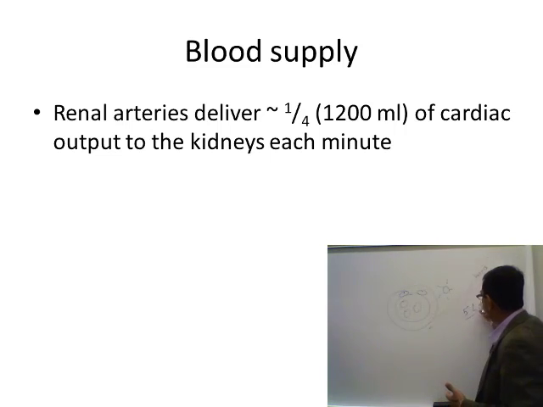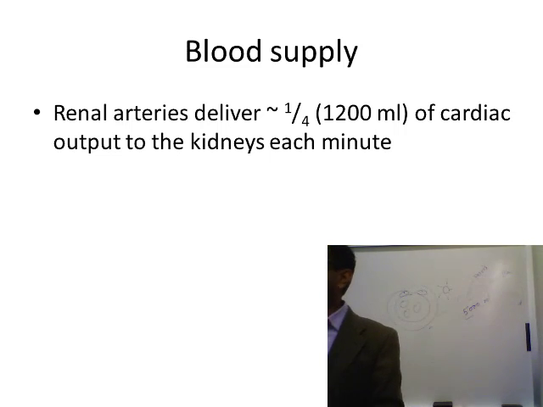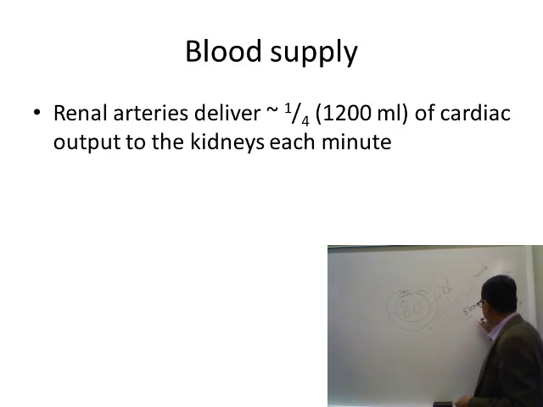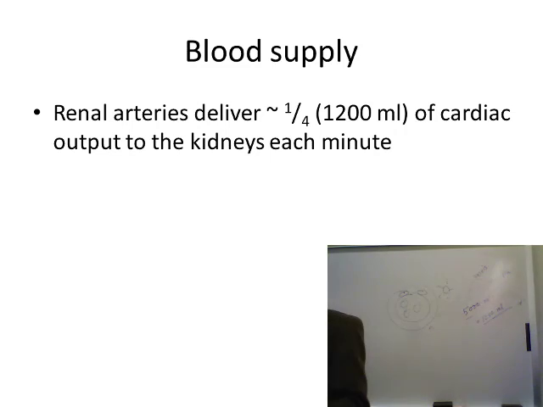That means what? 5,000 milliliter, right? 5 liter means 5,000 milliliter blood circulates in the body, and about 1/4 of that, that means 1250 milliliter, you can say 1200, circulates in your kidneys, 2 kidneys.